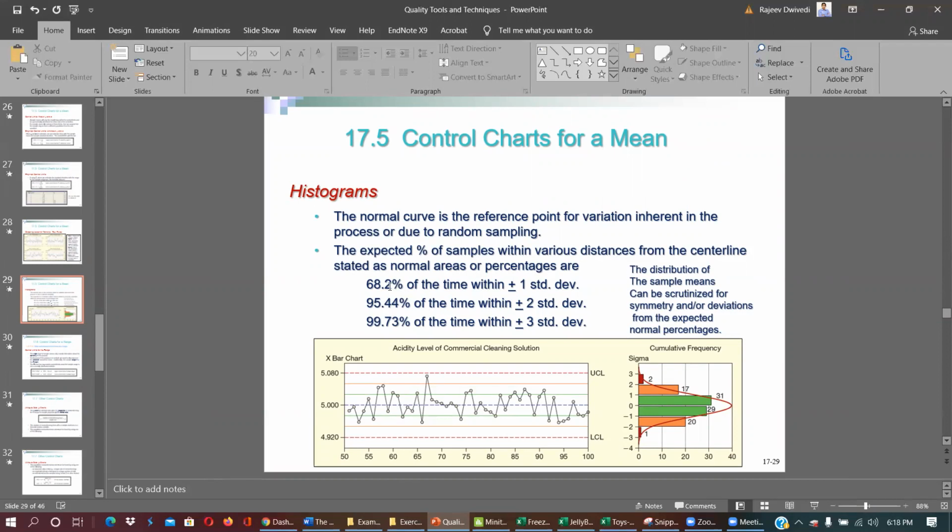If you remember the basic thing, 68.2% is plus minus 1 standard deviation, 95.44% plus minus 2 standard deviations, 99.73% plus minus 3 standard deviations. These are the basic empirical rules that we always use in different statistical calculations.